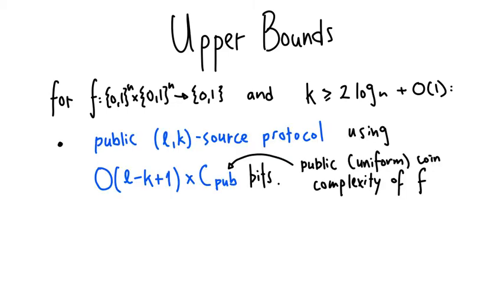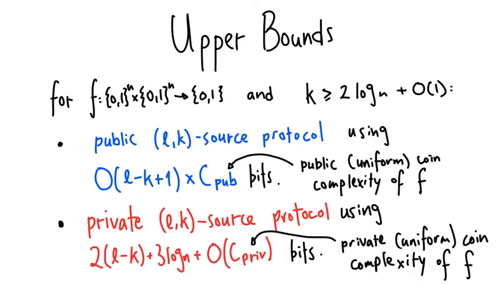in the public LK source model, the maximum number of bits that you'll need is L minus k plus 1, which is effectively the entropy deficiency of your source, times the public uniform, unbiased coin complexity of f.